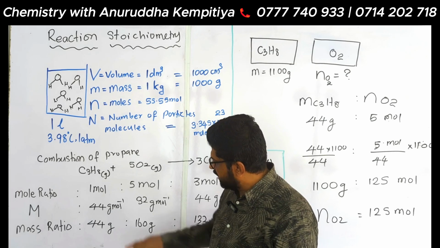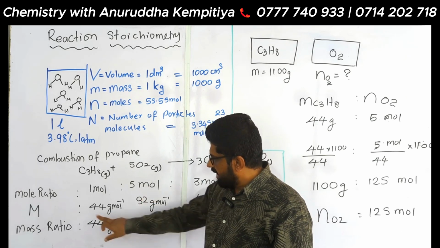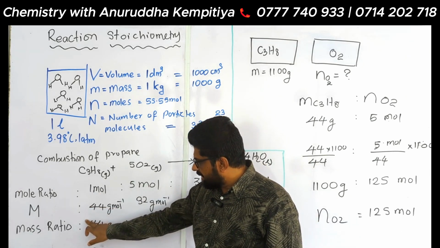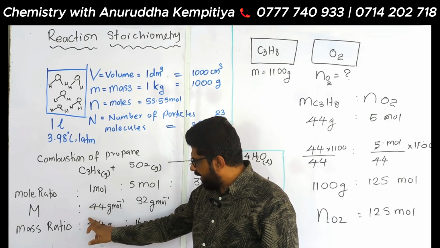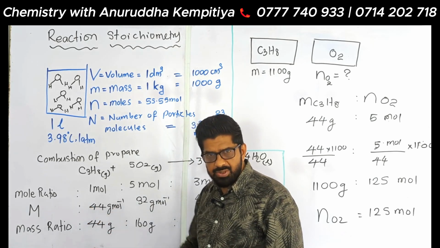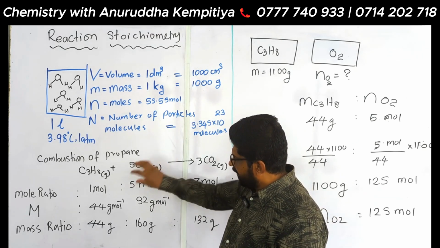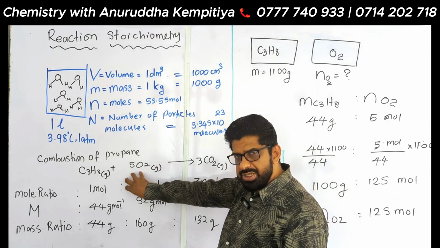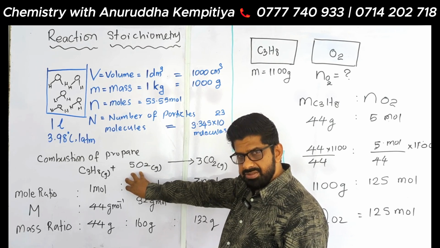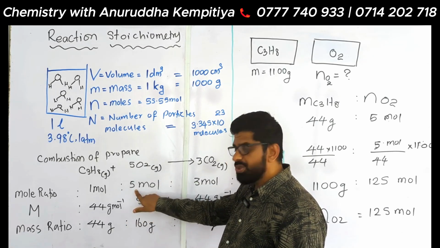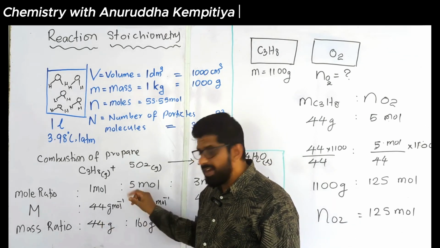So you can see this cross relationship. If I have 44 grams of propane, 5 moles of oxygen are required for that combustion. 44 grams, 5 moles.